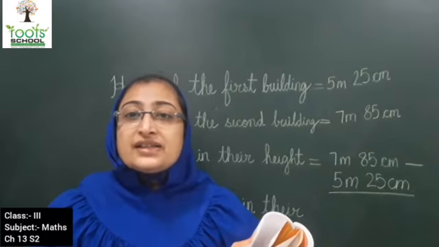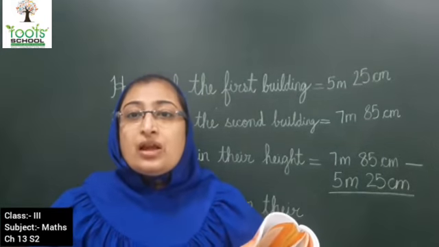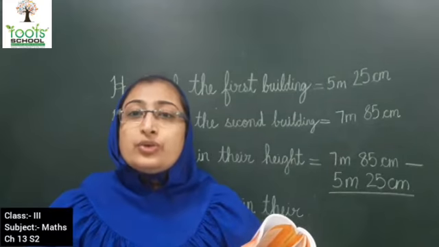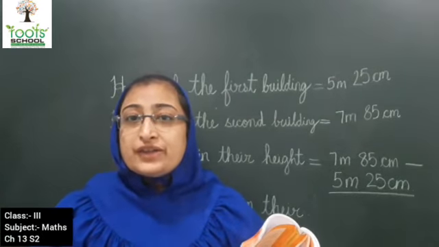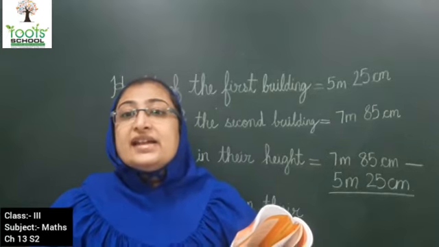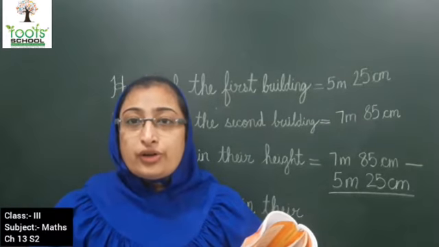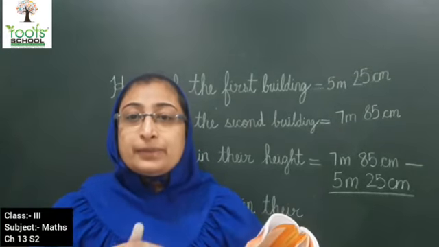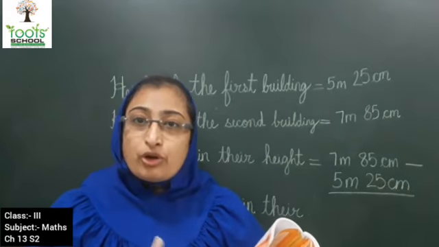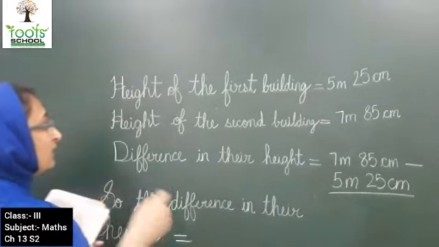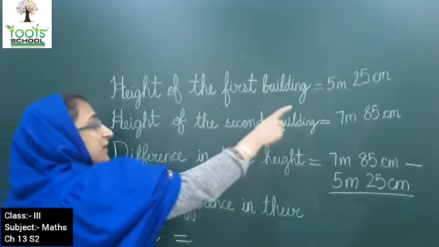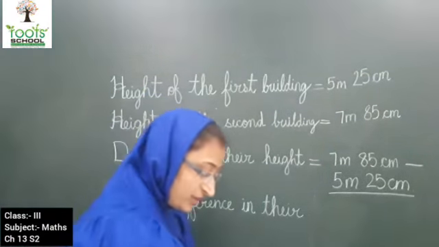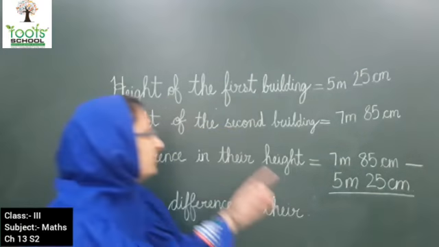Here they have given us heights of two buildings. One is taller. So you have to find the difference in their height. How are you going to find the difference? Yes, the building which is taller, you have to subtract the building which is small from it. So how are you going to write the statements? Height of the first building is equal to 5 meter, 25 centimeter.